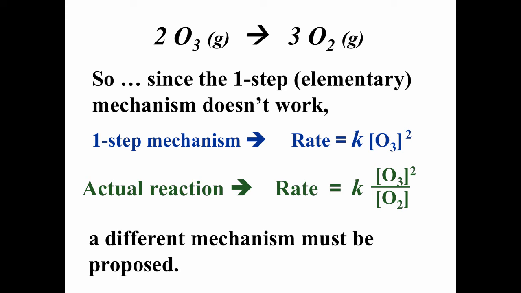In general, what you're most going to need to be able to do is, if a mechanism has been proposed, determine whether it's a plausible mechanism or not. We'll do a limited amount of mechanism proposing, but that's typically a pretty challenging thing to do if the reaction isn't reasonably simple and straightforward.